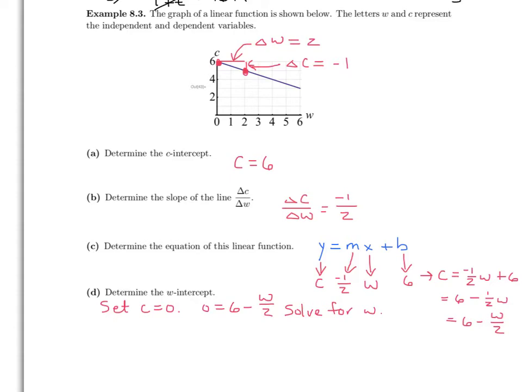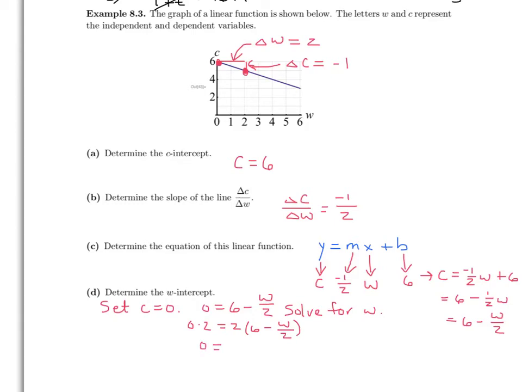There's a 2 in the denominator. If we multiply both sides of the equation by 2, we should be able to get rid of that denominator. So I take 0, multiply it by 2, and I multiply the right side by 2. On the left side, we still have 0.